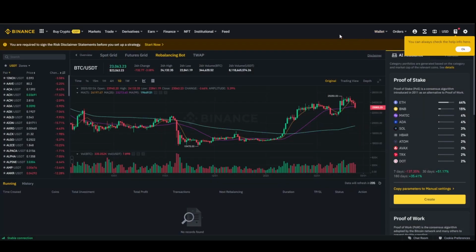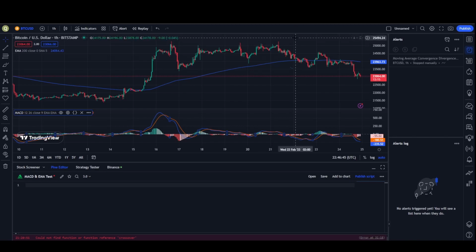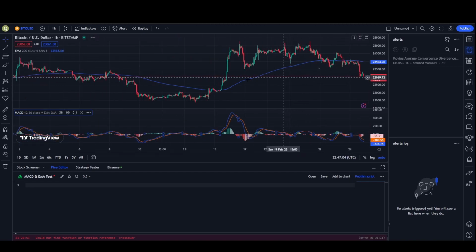Let me know in the comments if any of what I've gone through has actually helped you, or if you've learned something, because the process of getting from your Binance account, or whatever exchange you have, to TradingView, to setting up indicators, to figuring out, you can actually do this manually as well, like manually figuring out when this part crosses to enter a trade, figuring out where the trend is.